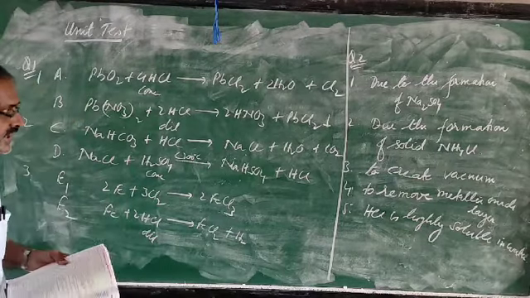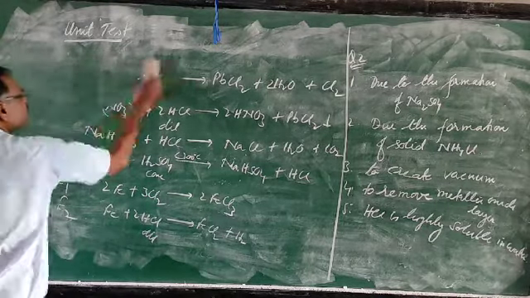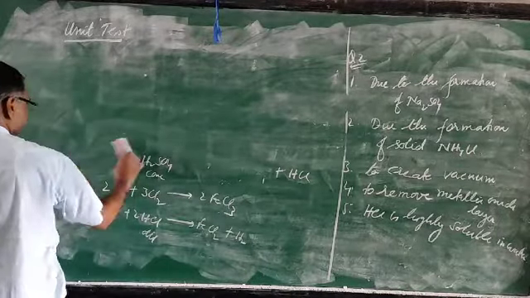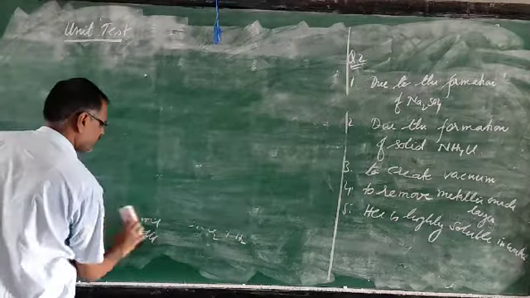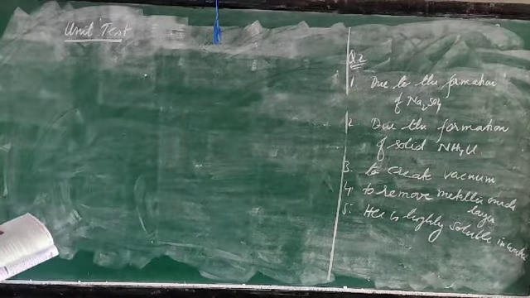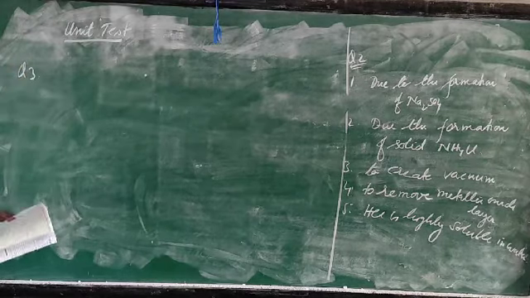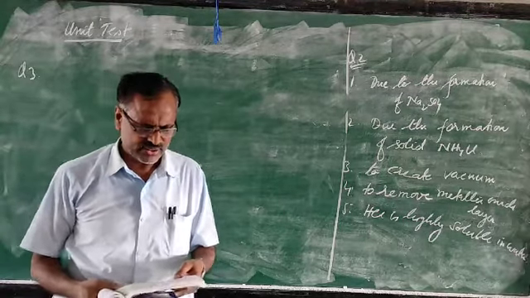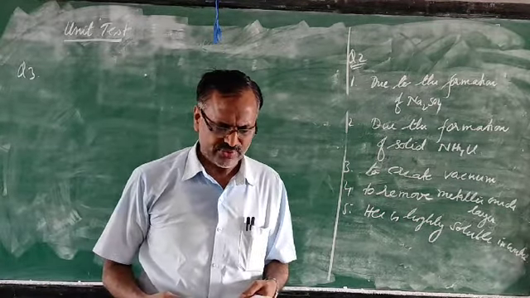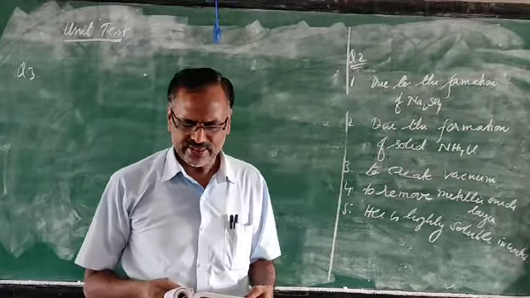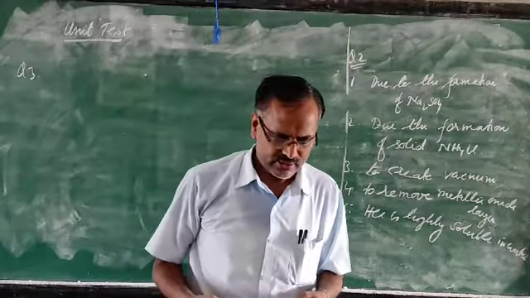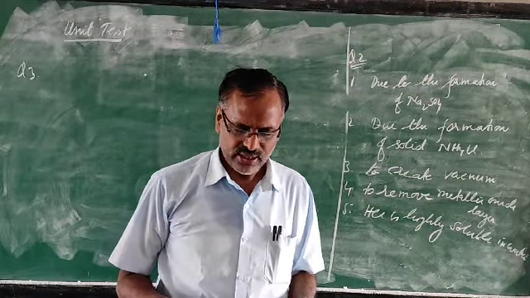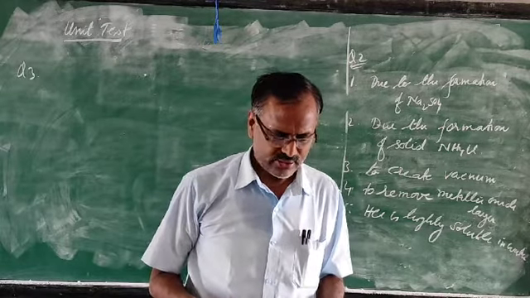Then question number 3. Fill-ups are given. So complete the statement given below using the correct words. So just to see, you can mark in your book, a solution of HCl gas is named muriatic acid. Then second one, the salt obtained when rock salt reacts with concentrated H2SO4 at temperature below 200 is acid salt.